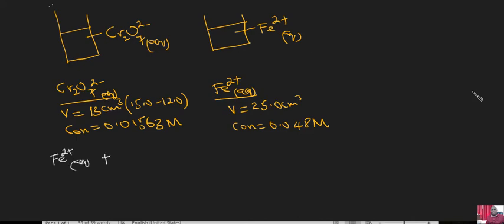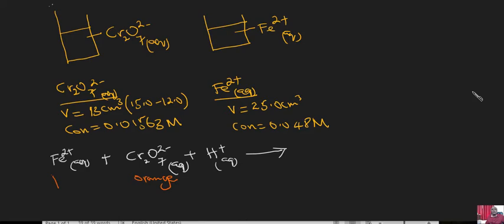We are reacting with dichromate 6 solution, and they are acidified. So we have agreed this one looks colorless. This one is orange.